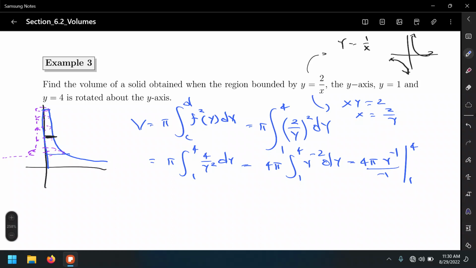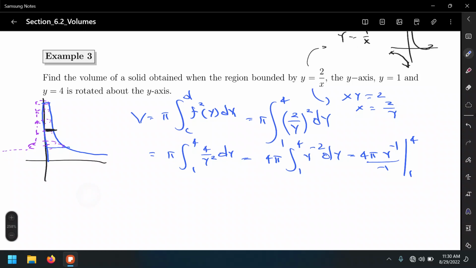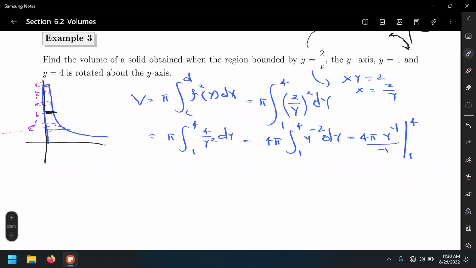Okay, so let's clean up the negative signs before applying the fundamental theorem of calculus. Let's clean up the mess. Let's turn this negative 1 in the denominator into just a negative sign in front of the whole expression. And this y to the negative 1, let's write it with positive exponents. It's easier to deal with positive exponents rather than negative exponents.